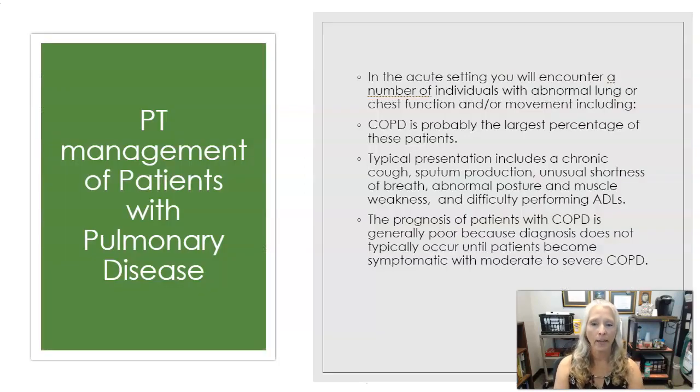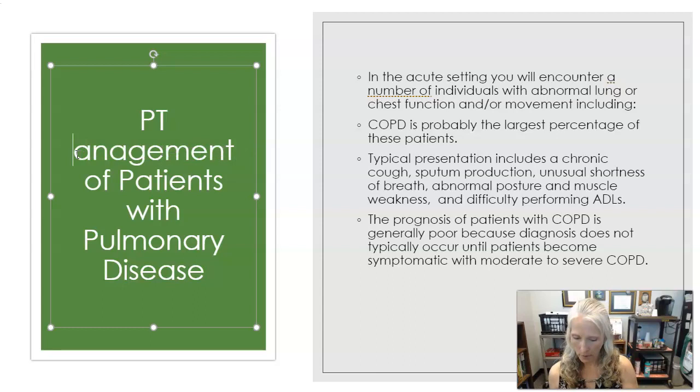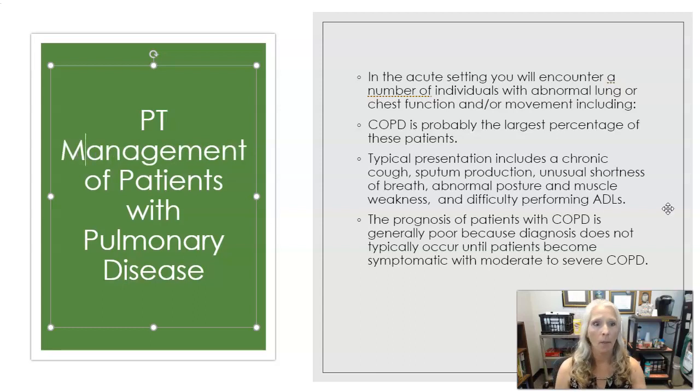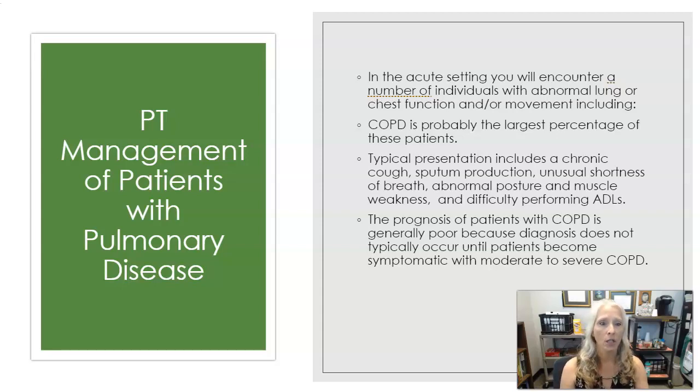PT management of patients with pulmonary disease is our next topic. In the acute setting, you're going to encounter a number of patients with COPD as their primary diagnosis. Typical presentation includes chronic cough, sputum production, and shortness of breath. Most of the time they've been ordered for PT because they're really weak.